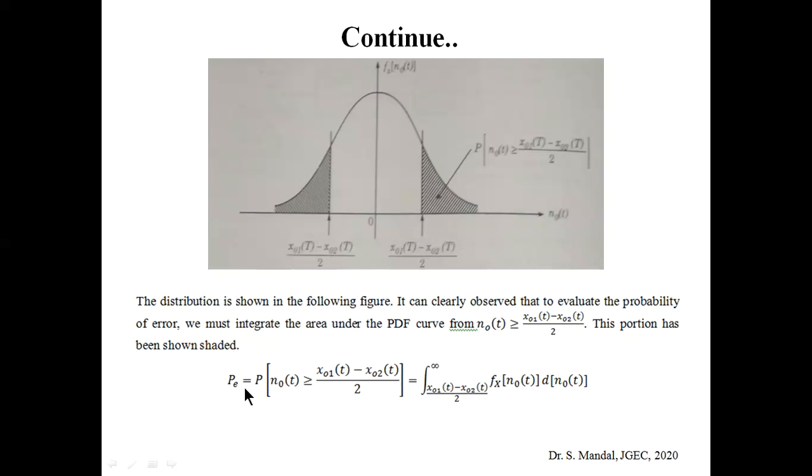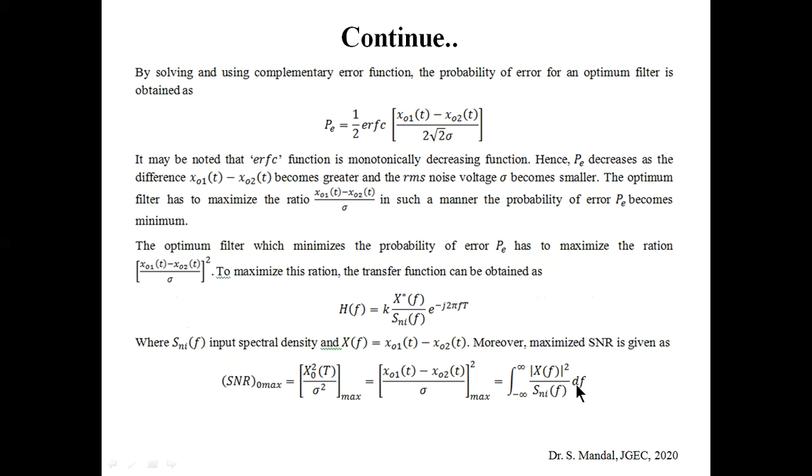So the probability of error is the probability that the noise value is greater than or equal to this value, and it can be written using this integration from (x01t - x02t)/2 up to infinity of f(n0) dn0.